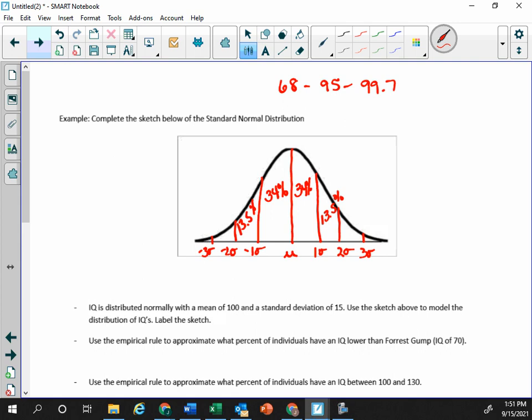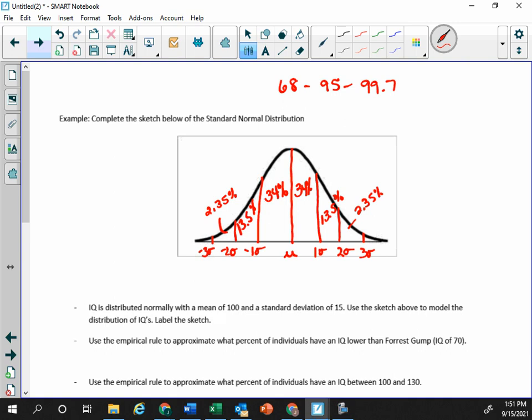What do you think, guys? Yeah. Well, 2.35, I would say, but yeah. So that's 2.35%. Does that make sense to you guys where those numbers are coming from? Okay.